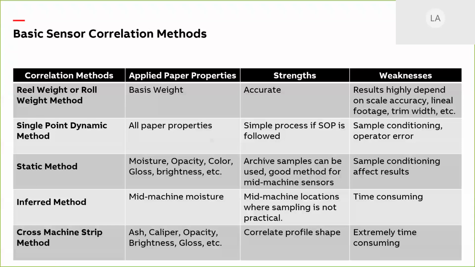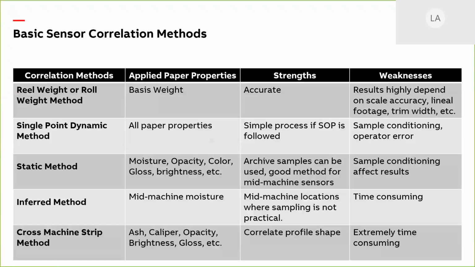After the turn up, multiple samples are cut from the reel at that single point position. If you notice, I said multiple samples. I've seen some mills only cut one sample. What if they have a sample taking error, and they want to use that one data point to compare with the scanner reading? So you need at least 2 to 3 samples here.